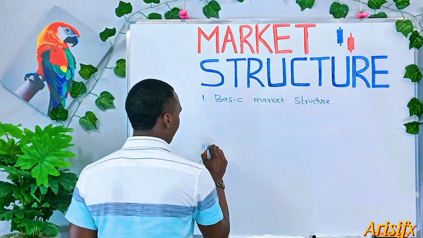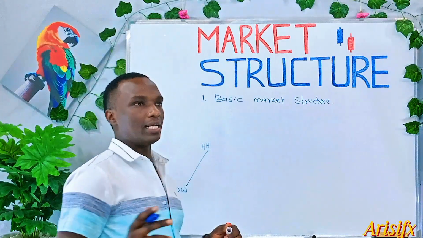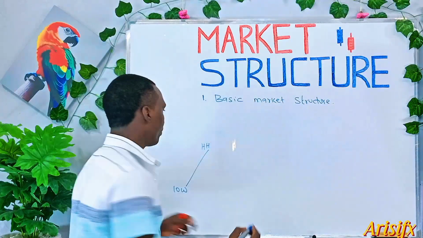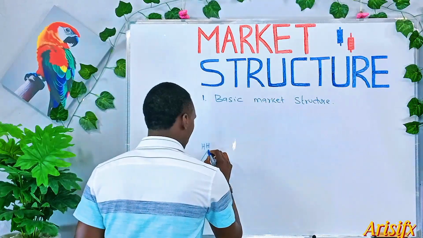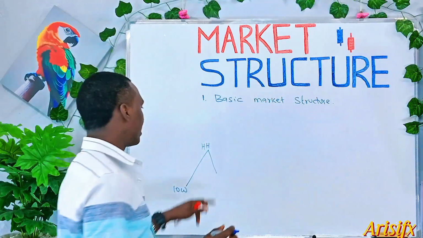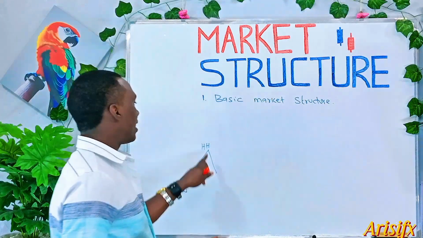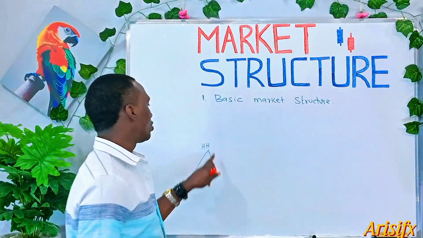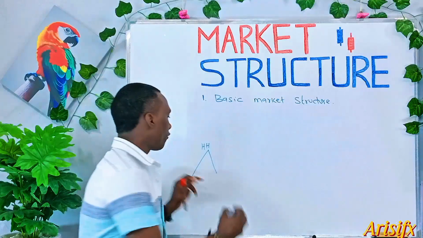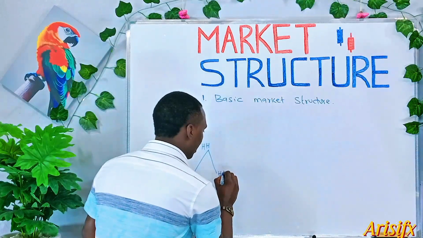A higher high. Normally the market moves with swings, so it is expected to retrace a bit, and on these retracements in a bullish market, we do not expect the price to come and break this low, so it will form something we call an HL.